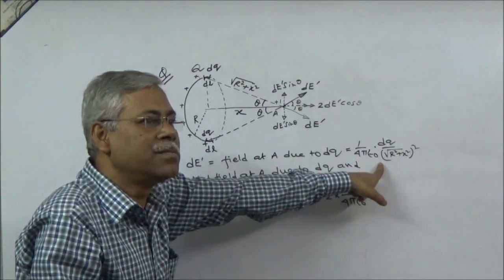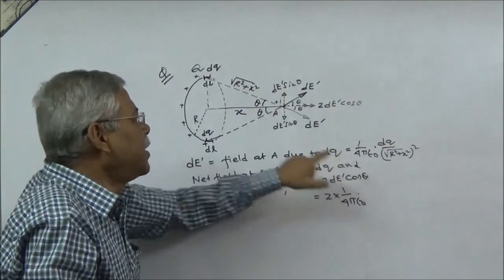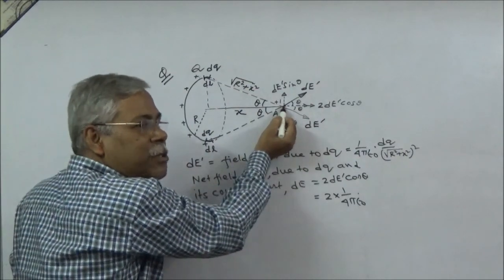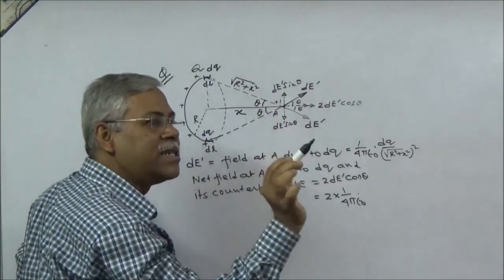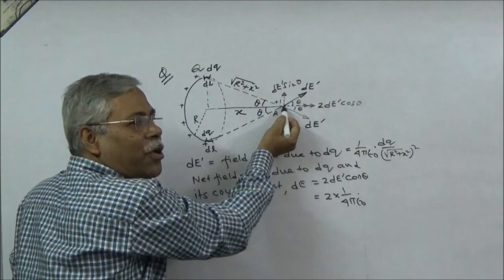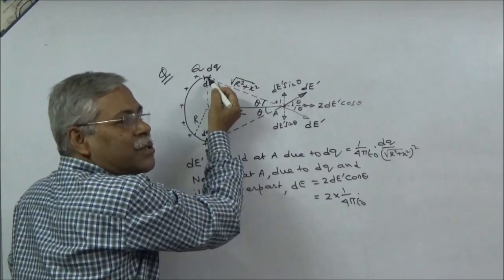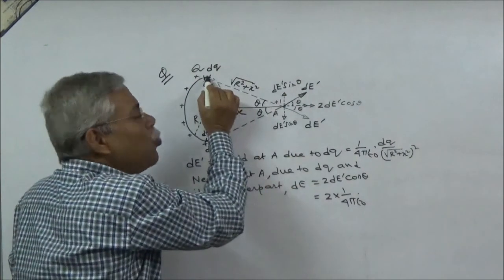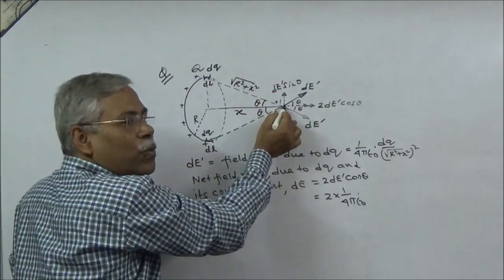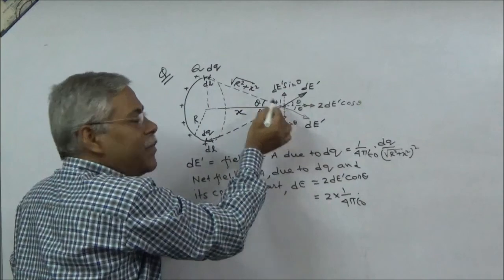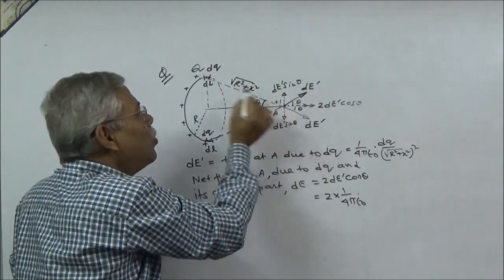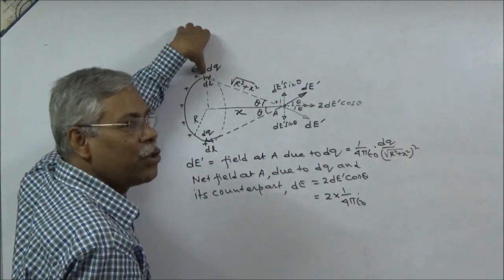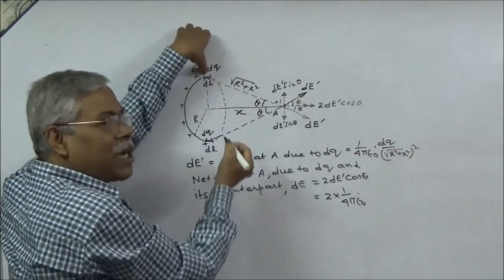this is the field at this point. Field means intensity. Intensity at this point due to this charge. What is the formula? 1 by 4 pi epsilon naught into q1 into q2 by distance square. How much is q1? dq. You have dq amount of charge here.